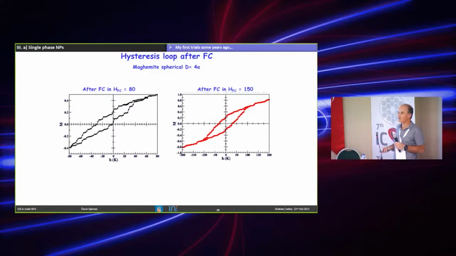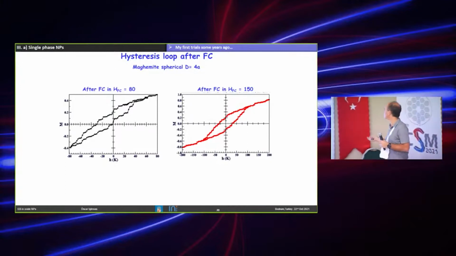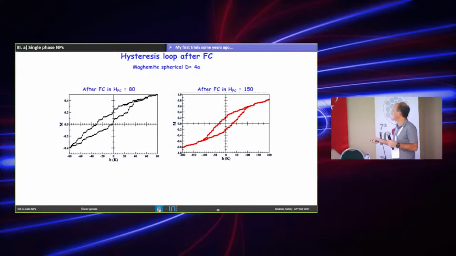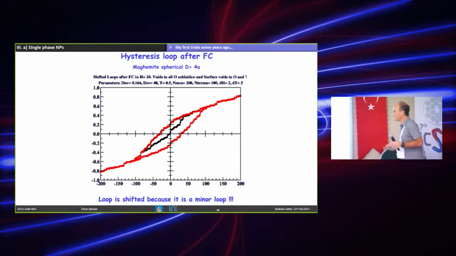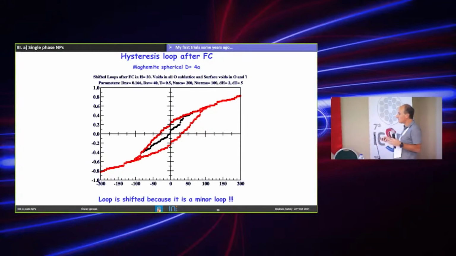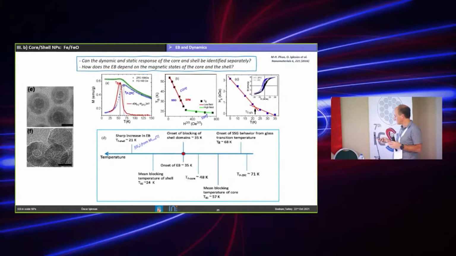But then it happened that I repeated the numerical experiment with a higher field, and I obtained no shift in the loop, which was the first time I realized that I needed to couple the oxide to a ferromagnetic part, otherwise the result that I observed is just, as I told you before, part of a minor loop and not genuine exchange bias, right? There's no coupling between two phases in a single-phase nanoparticle.